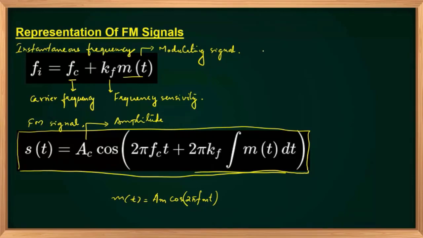And since you asked this question, I will give the required expressions. Actually, s(t) is written as Ac cos theta i(t). Theta i(t) is called the instantaneous phase angle, and the instantaneous phase angle theta i(t) will be obtained as 2 pi.